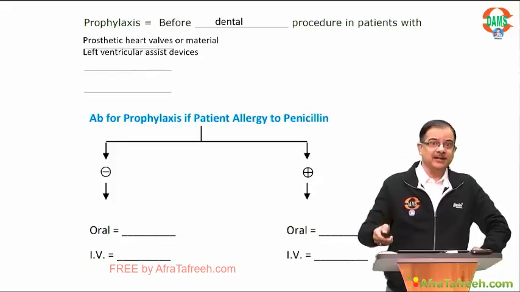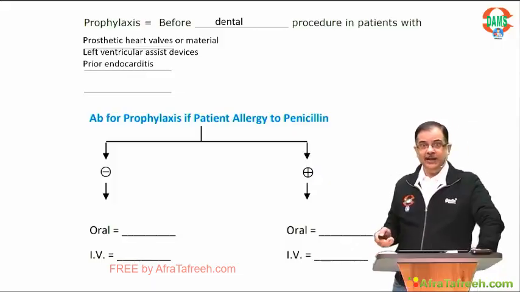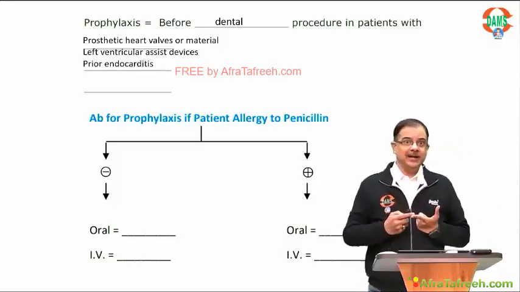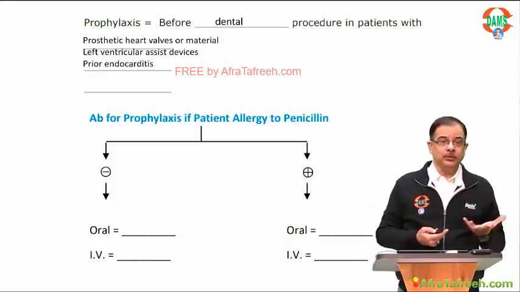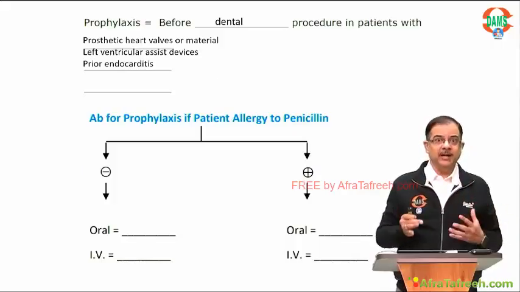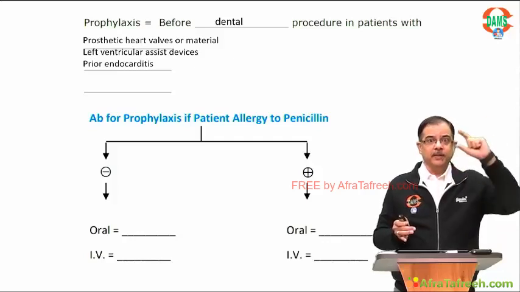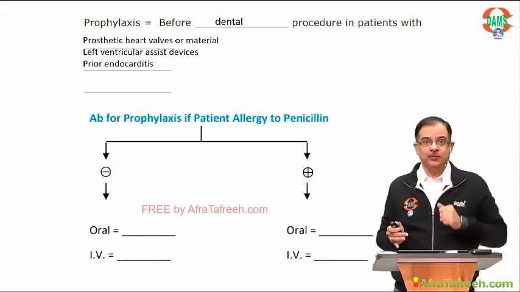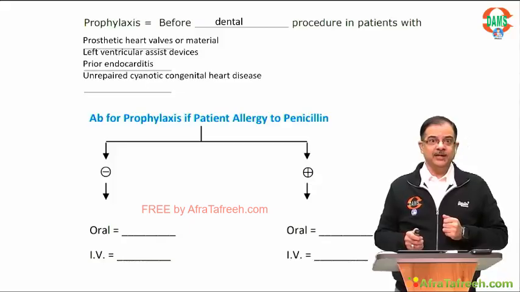While prior endocarditis which has happened, so this could be a potential question that high risk patient for developing endocarditis is the patient who has got a prior episode. So even if you are not able to remember all the risk factors, my advice is just remember, or maybe you can do star mark. The first one, prosthetic heart valves. Number third, prior infective endocarditis. In those patients, prophylaxis is needed before the dental procedure.